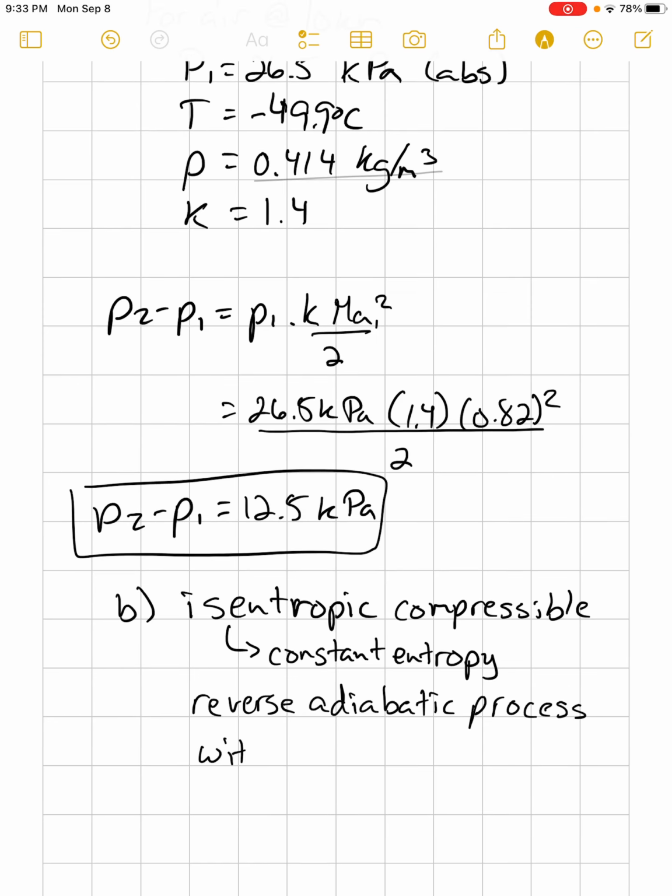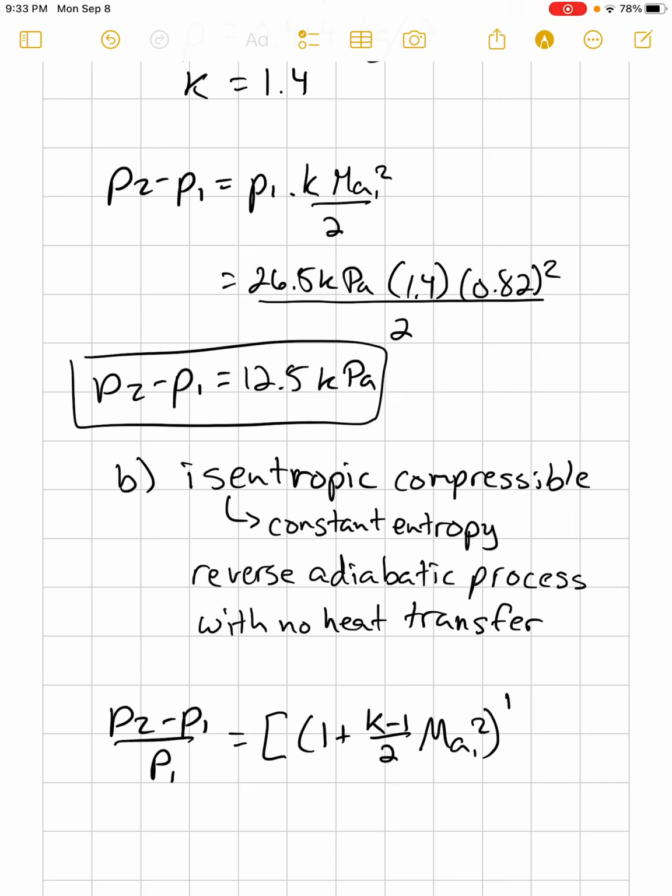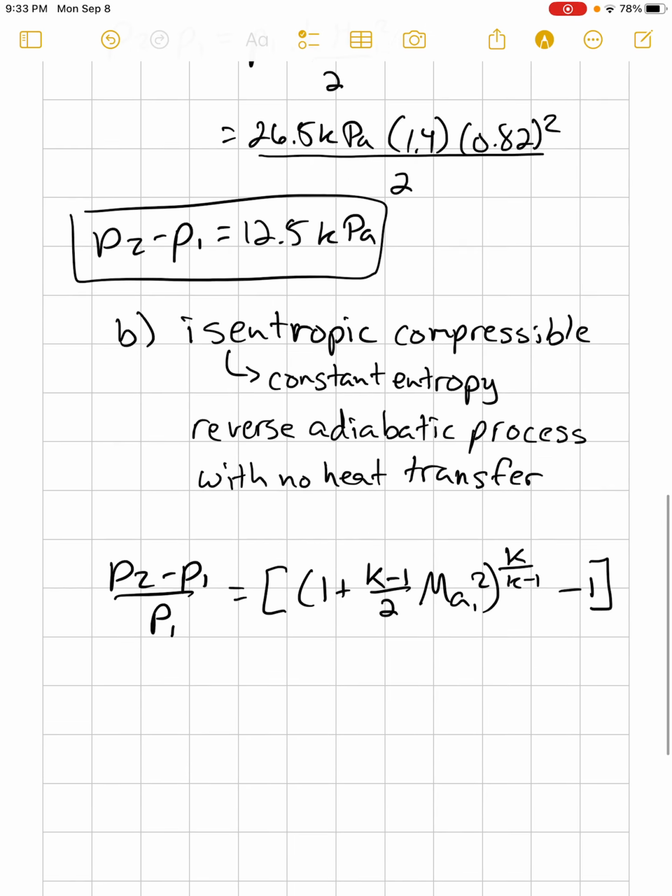So hopefully this looks familiar to you from either chemistry or heat and mass transfer, or potentially thermodynamics. Okay, for that one, we're going to use this equation. And it's a little bit more messy. Hopefully that all makes sense.